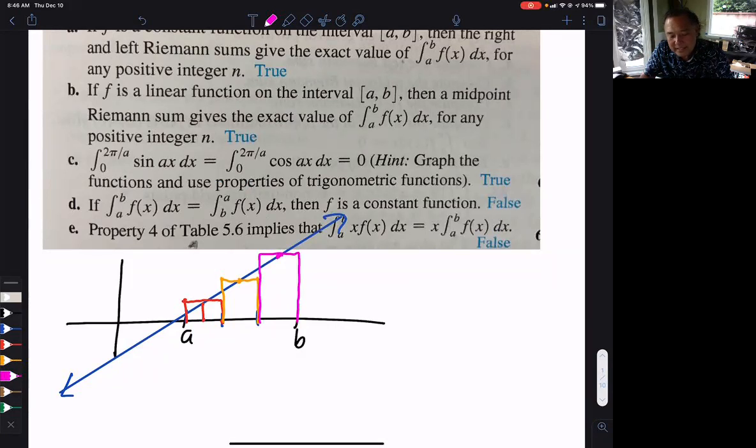So because this is a straight line, right there we have, I'll do a different color for you guys, extra area. But we're missing area there. Those will be exactly the same because you have a straight line. This is a triangle and that's a triangle and they're the same triangle.